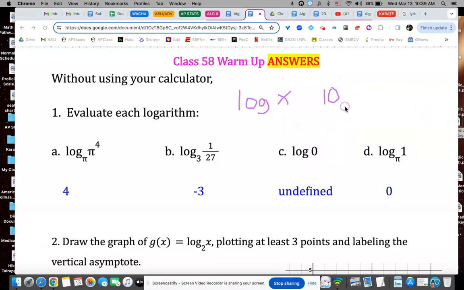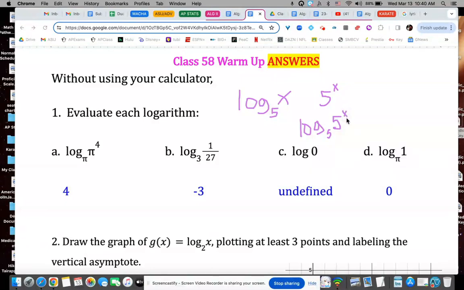It doesn't matter. Let me say this is a base 5, let's say. And if I had 5 to the x, it would work the same way, right? I could take this 5 to the x and stick it inside of here, log base 5 of 5 to the x.